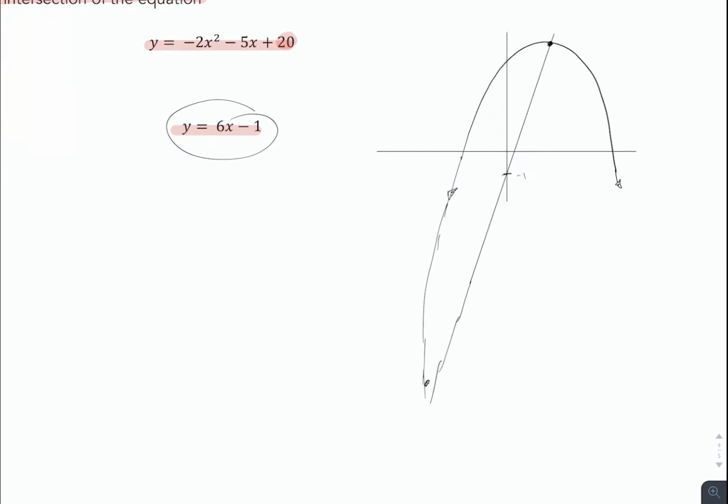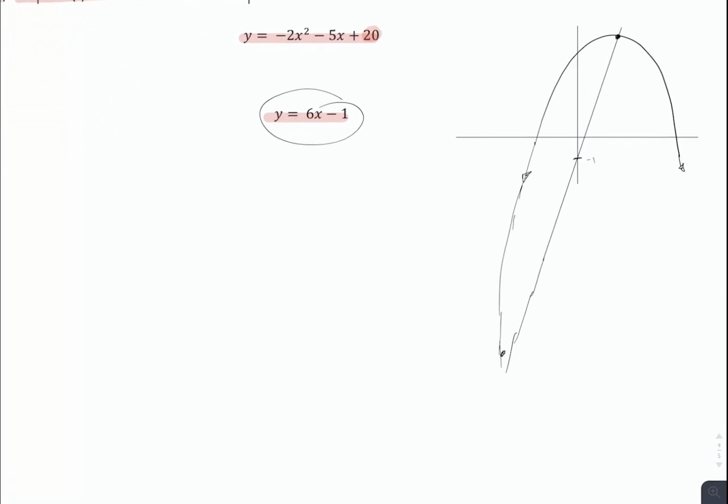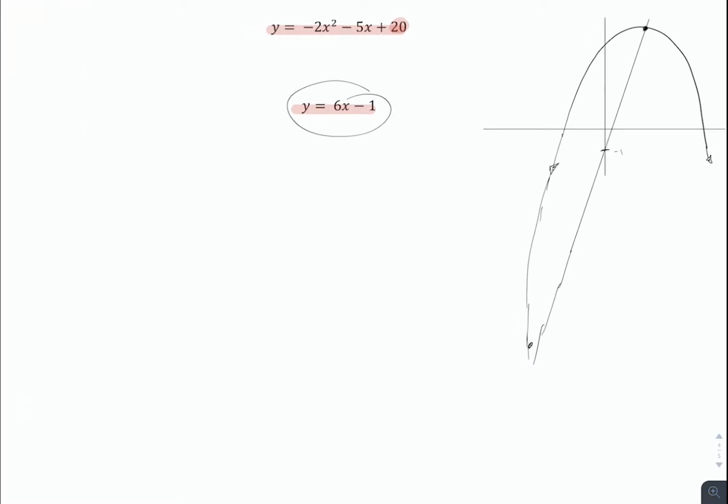So if they intersect, then their y values will be the same. So I will be able to write that -2x squared minus 5x plus 20 will equal 6x minus 1. And if that's the case, then I should be able to solve this equation.